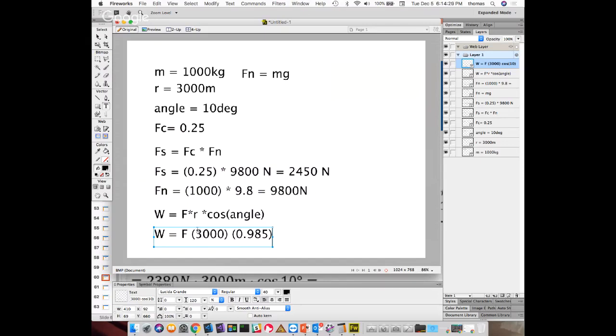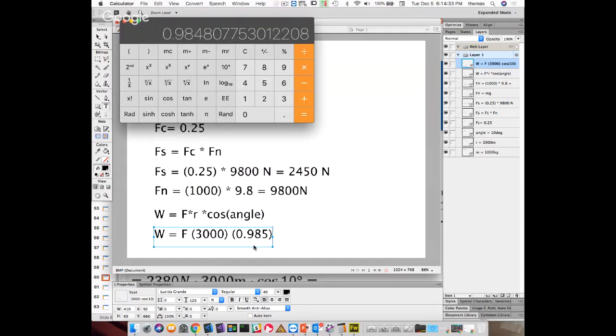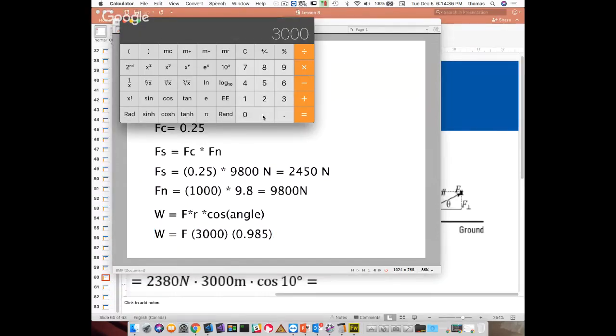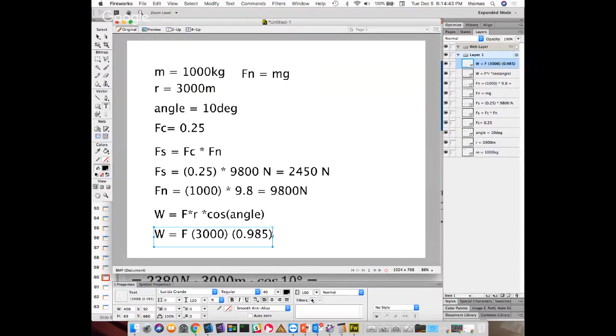And if we break it down into one value for a second, 3,000, we get this number 295442, which is kind of equal to F times 295442, right? Okay, are we good so far?